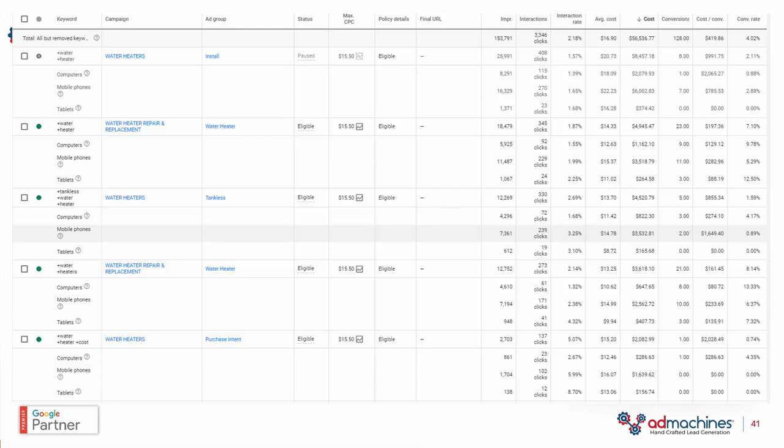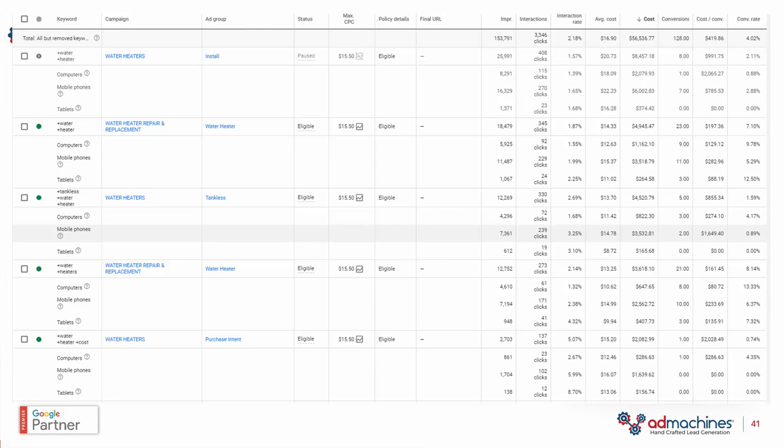And in this example, the second keyword down, water heater lifetime, I've received 5,925 impressions on computers and about 11,500 on mobile.